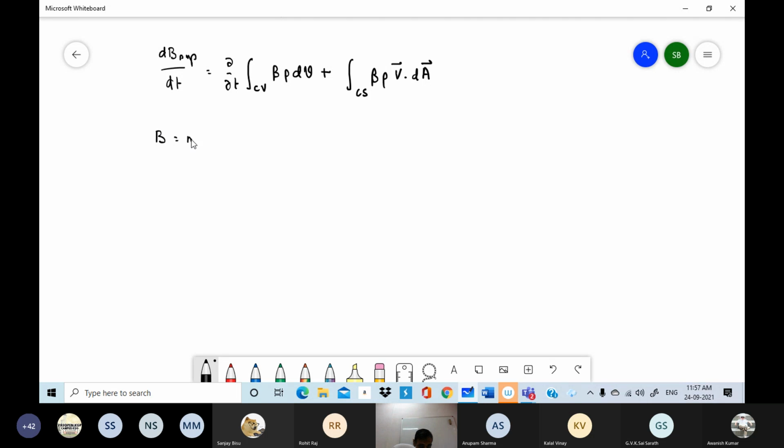B is equal to, it's often denoted by capital P, which is mass times velocity. That means beta is equal to V. So the linear momentum per unit mass is the velocity.